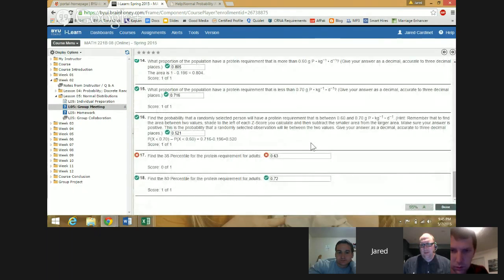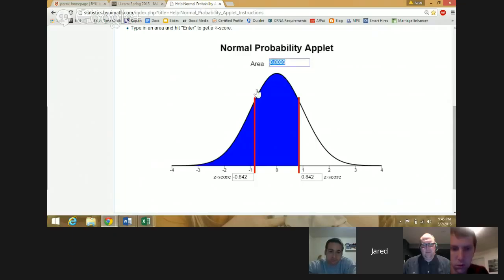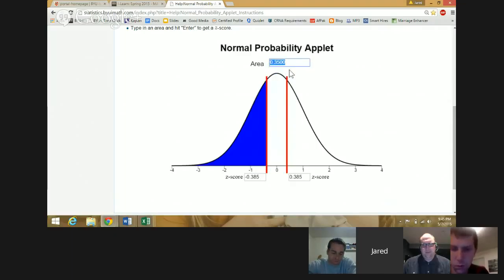That's weird. 17 is wrong. How could it be wrong? Let's see the minus thing. Was that a rounding issue?